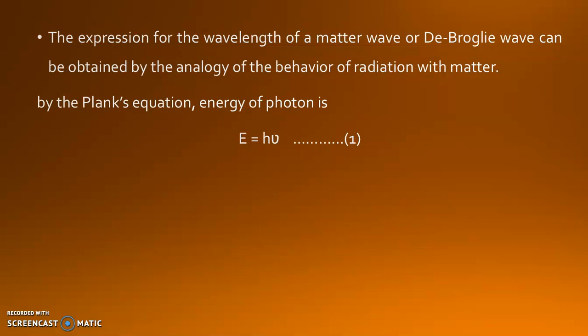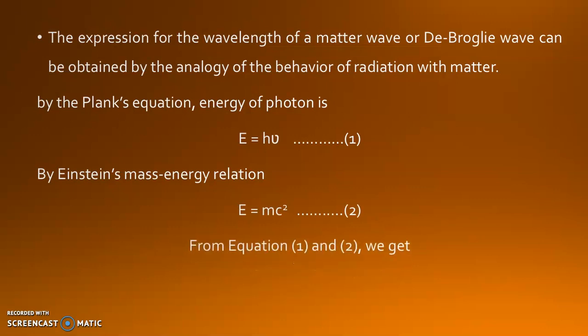Again, we know another equation, the Einstein mass-energy relation, E is equal to mc square, which is equation number 2. From equations 1 and 2, both are equations of energy, so we can equate them. We can write h nu is equal to mc square, where h is the Planck constant, nu is the frequency, m is mass, and c is the speed. Let this be equation number 3.